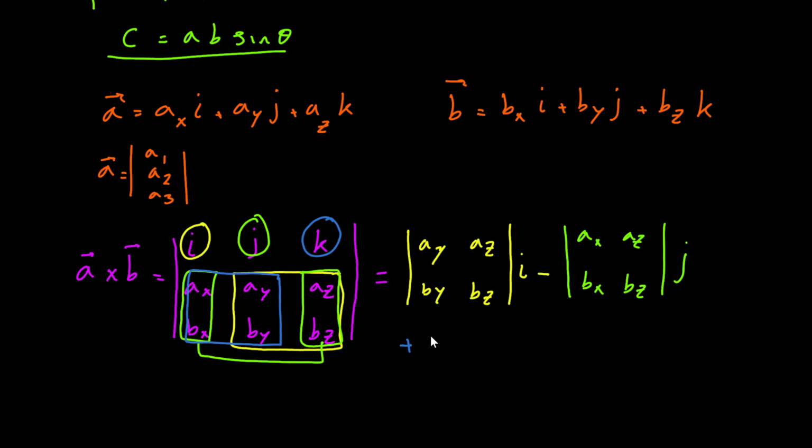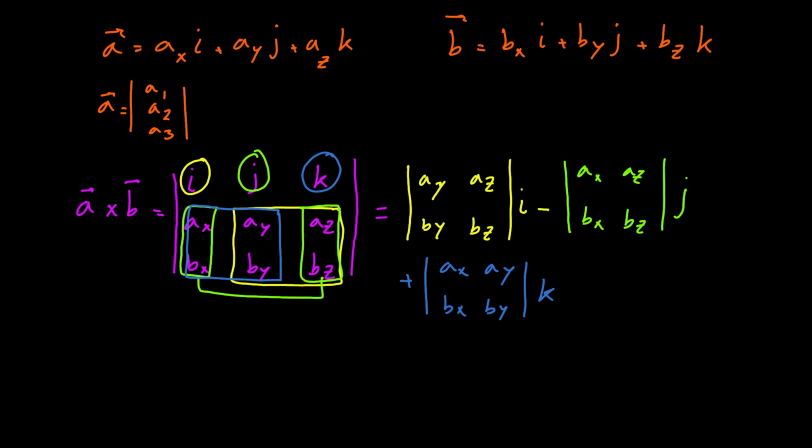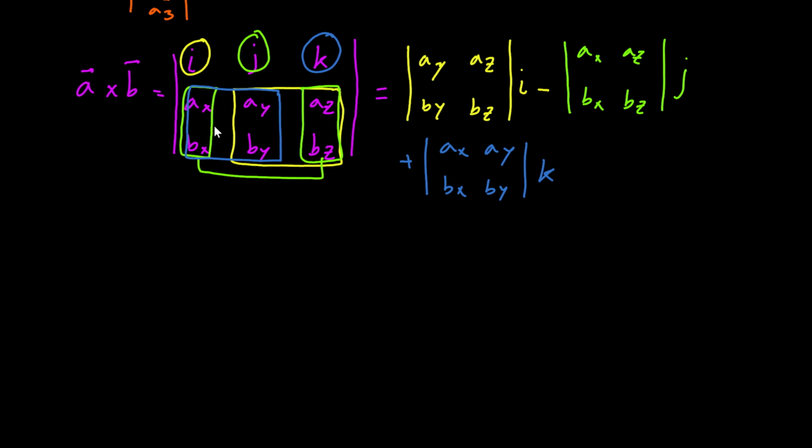So it's going to be plus, so AX, AY, BX, BY by K. So that's how I do the cross product. And if I get the determinant of this, that would give me the third vector. Now let me go ahead and do the multiplication and see what I get.